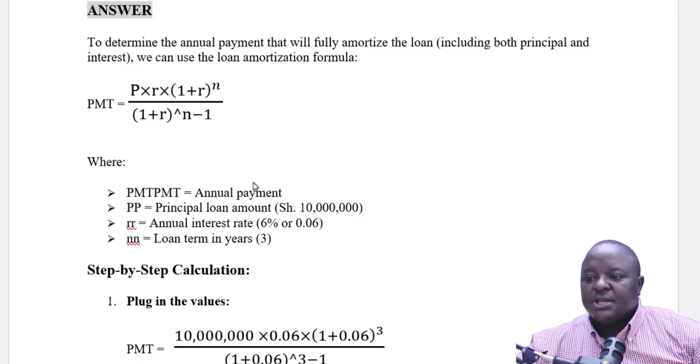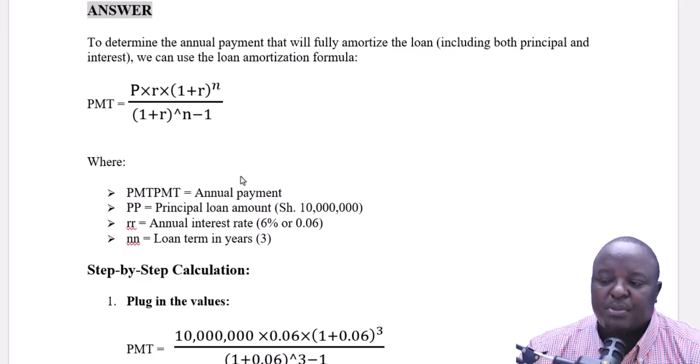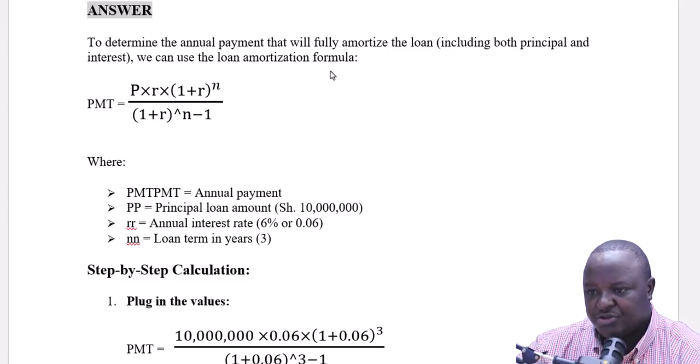Now, to determine the annual payment that will fully amortize the loan, that is including the principal amount plus the interest, we can use the loan amortization formula.